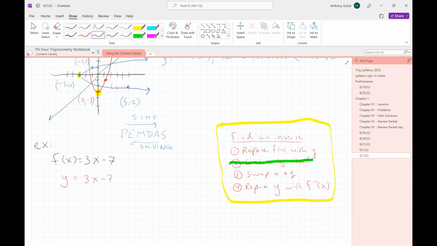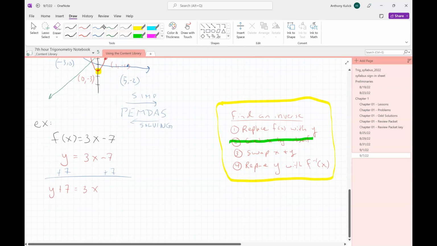All right, so getting x by itself, what's the first thing I want to do in this specific instance? Add 7 to both sides. Good. Yep, that's right. Next, what should we do? Divide by 3.